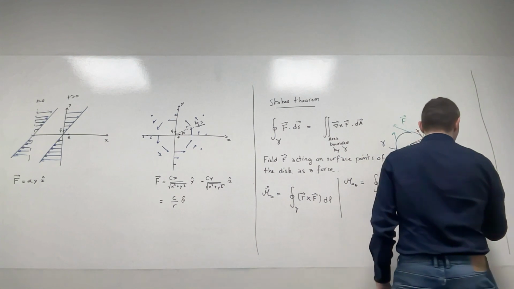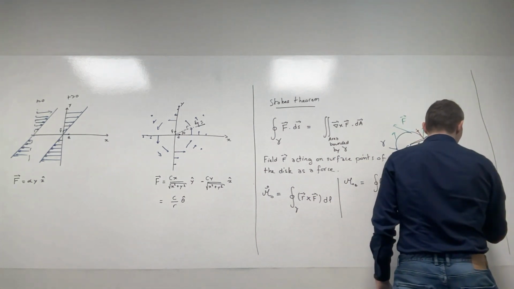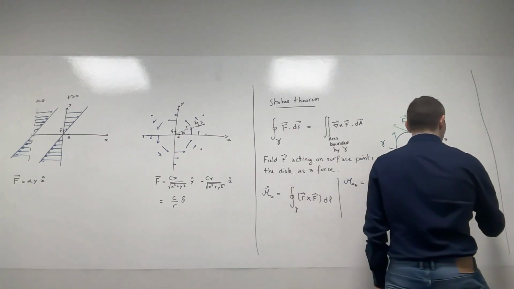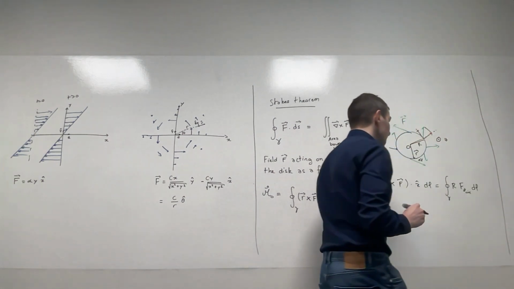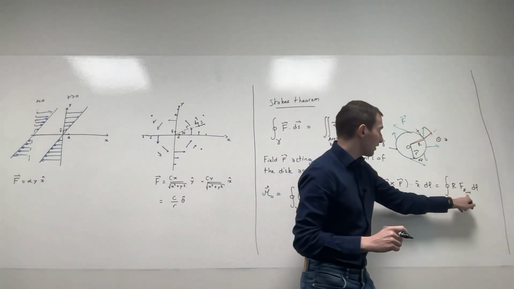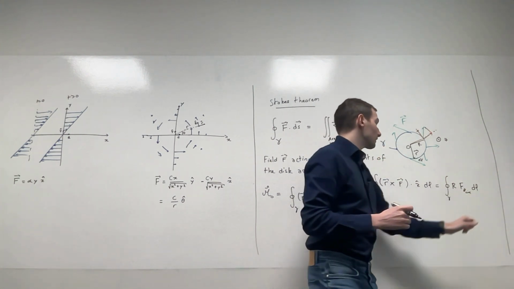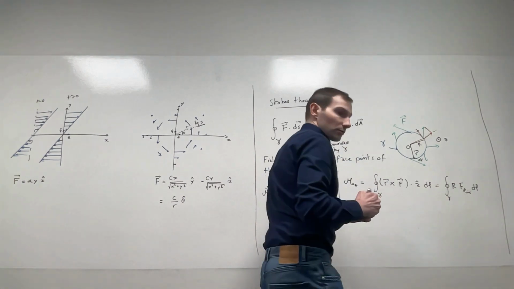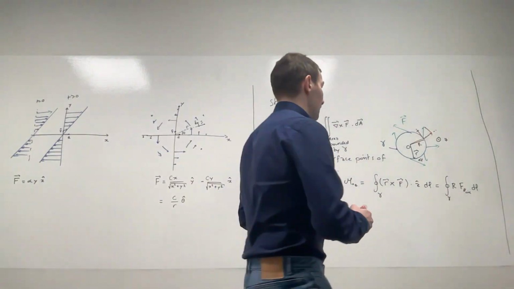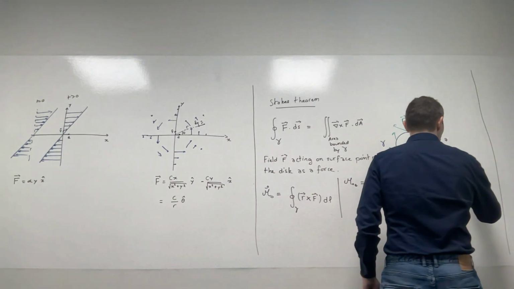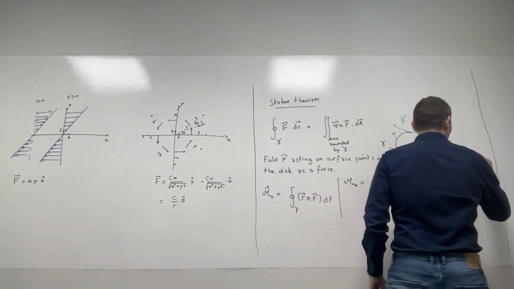So here I'm going to write f tangential to the circle, and then dl. But f tangential to the circle, times dl, I can also write as the scalar product of f with dl.